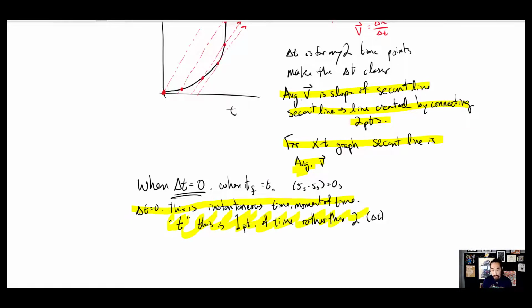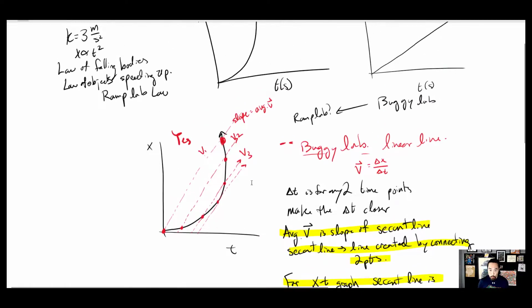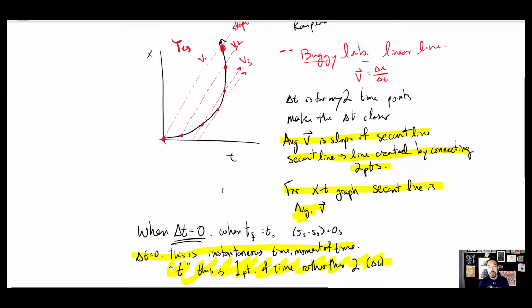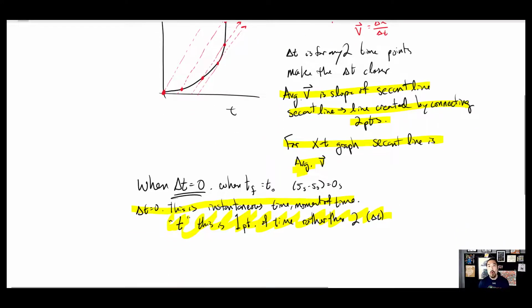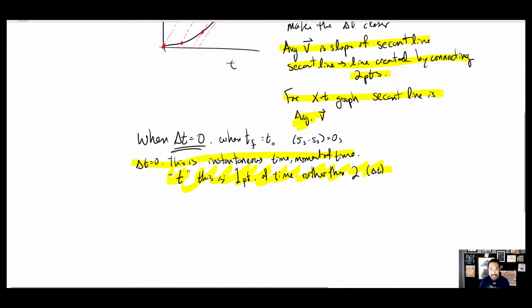All right, so let's go back to the line that we drew. So we still see the buggy lab in our dotted lines that we're drawing, but now we're taking a look at not a secant line, but when delta t is equal to 0, we call this the tangent line. So let's also write this down. The slope of a tangent line.